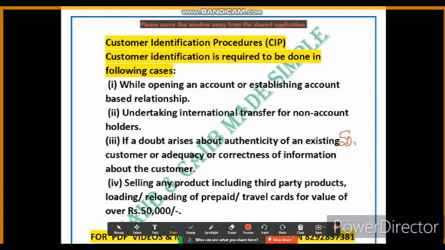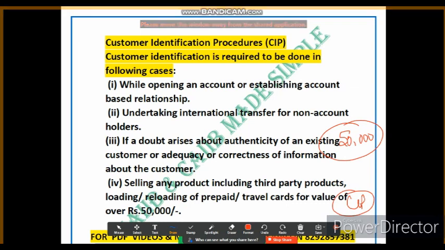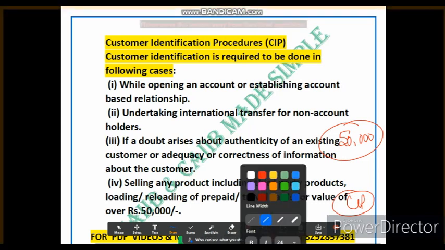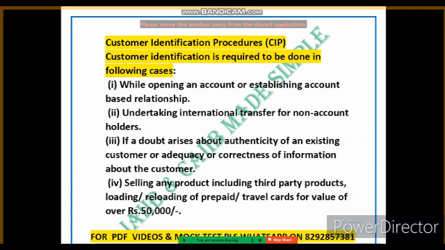The bank will verify the customer's identity as a part of CIP. This helps ensure that the transaction is legitimate, the customer's identity is known, and the potential risks are mitigated. So hopefully you have understood this particular slide. Now let's move to the next slide that we have.